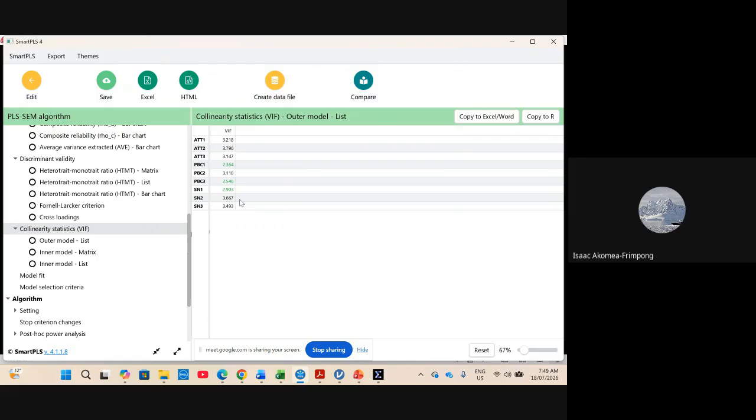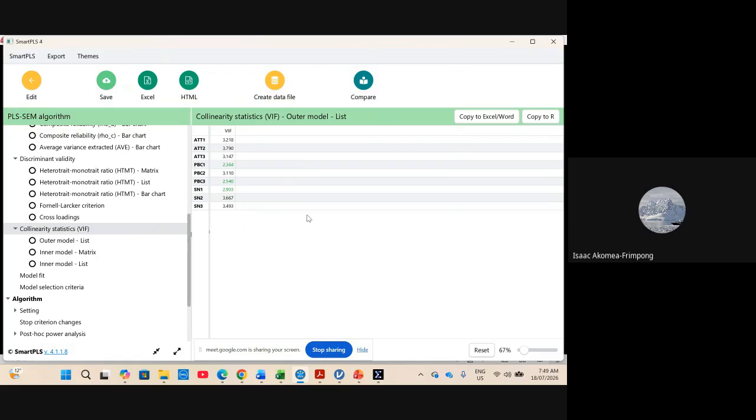Acceptable is that it should be less than 3, because here is the case where we have all our construct validity being okay. So if these values are a bit distant, we may still include them in the work and provide justifications for them.